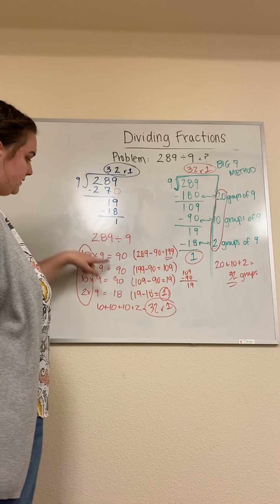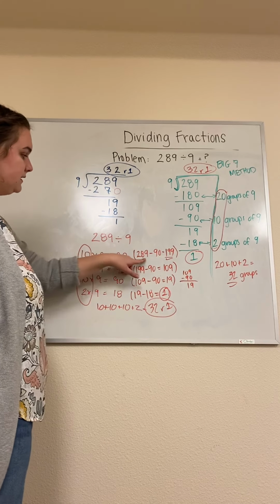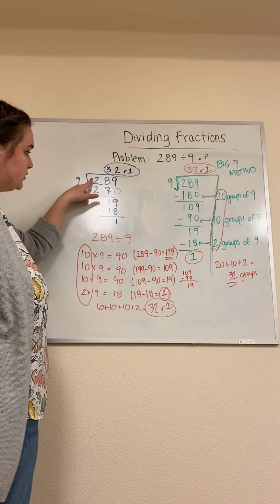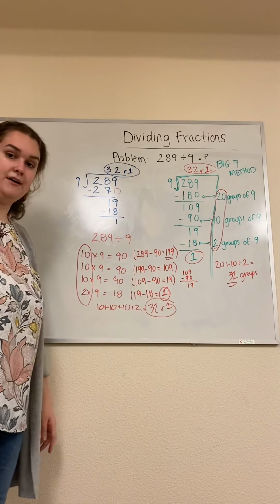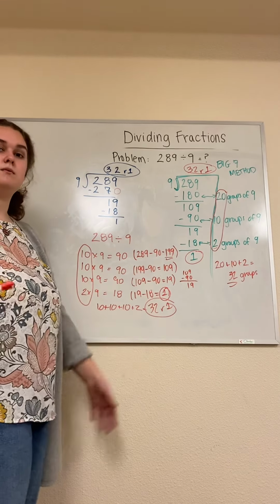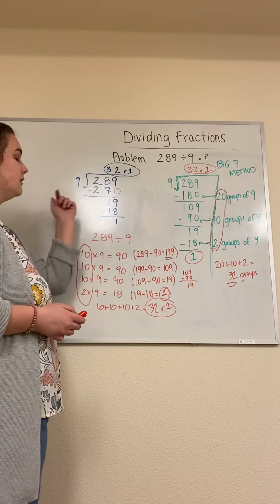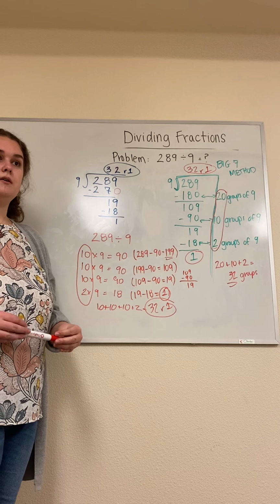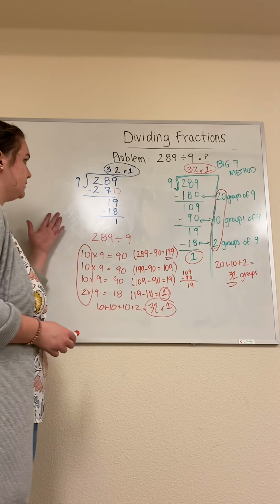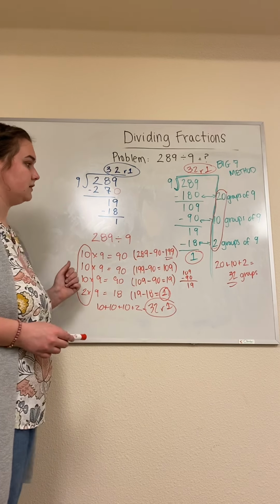You're multiplying that, and then you're subtracting it from your total until you get down to a place where you have less than what will fit into a group of 9. So yeah, that's how it relates to the algorithm, and hopefully that makes sense.